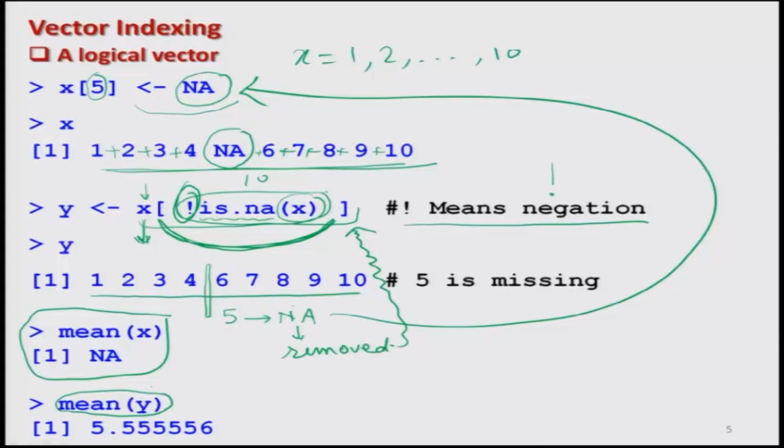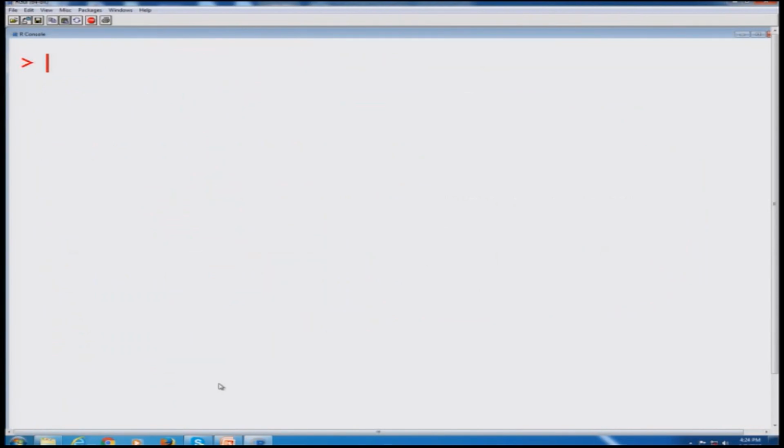Let us try to do this operation on the R console and see what happens. Okay. So, if you try to see here, we already had defined x, a sequence from 1 to 10. Now, I am saying that the value at the fifth position should be replaced by, say, an NA.